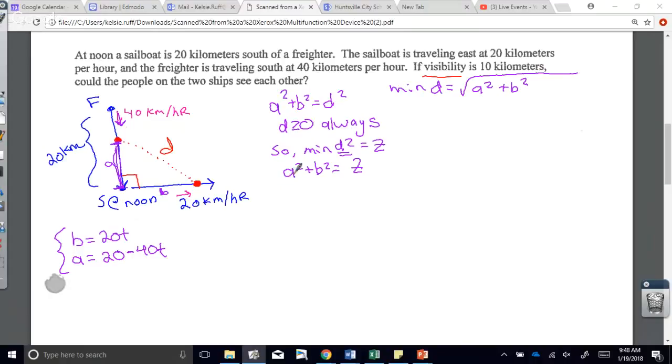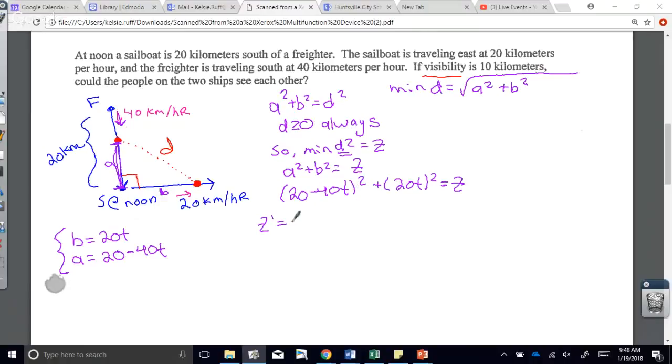Here, we now know that we said A was 20 minus 40t, and we said that B was 20t. So to find where the minimum occurs, we're now going to take the derivative of z.